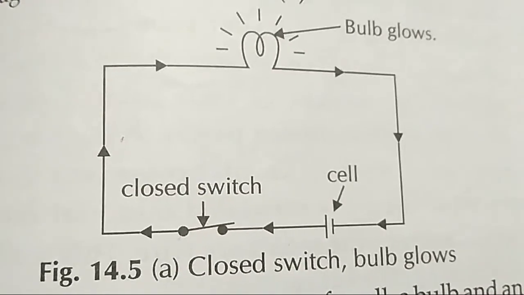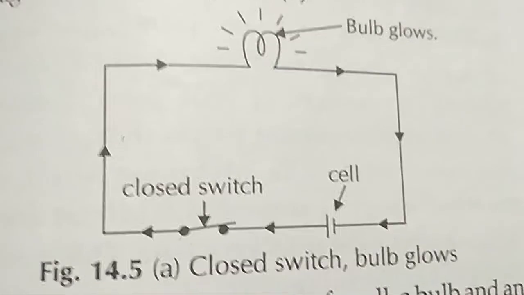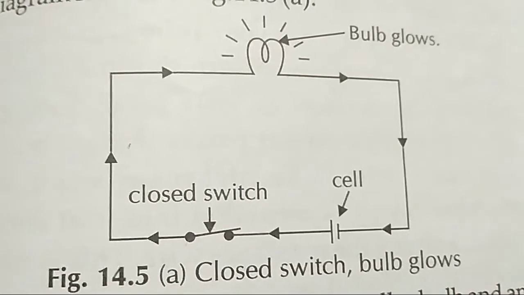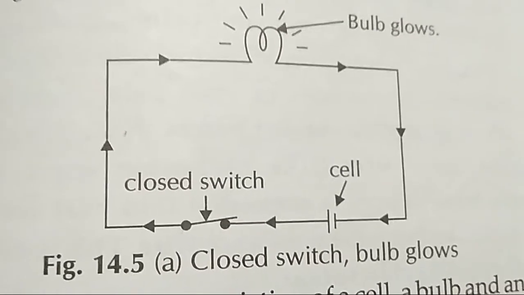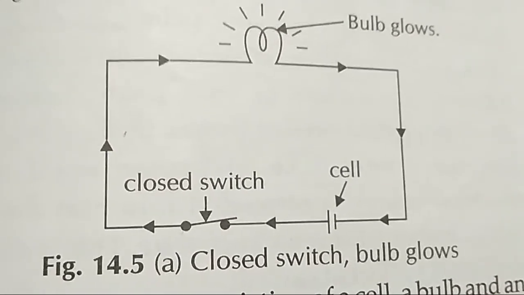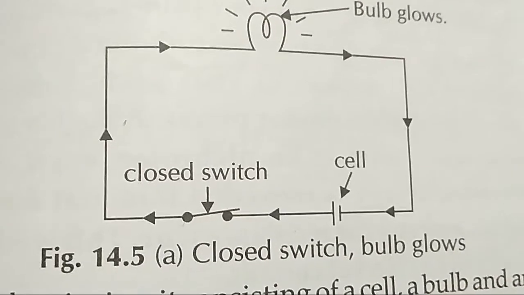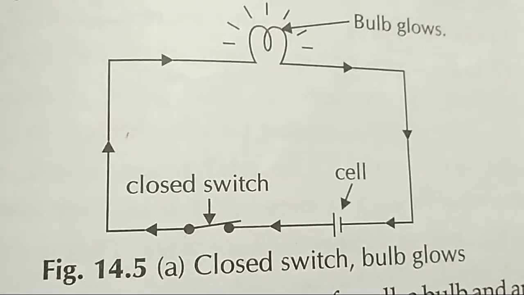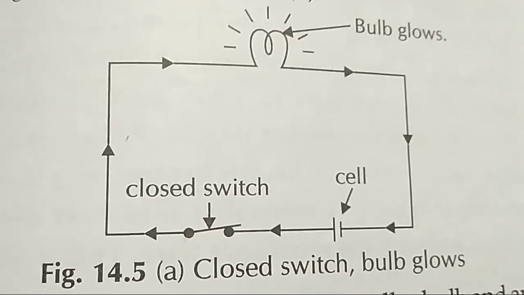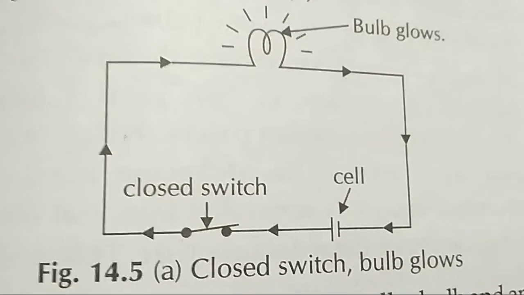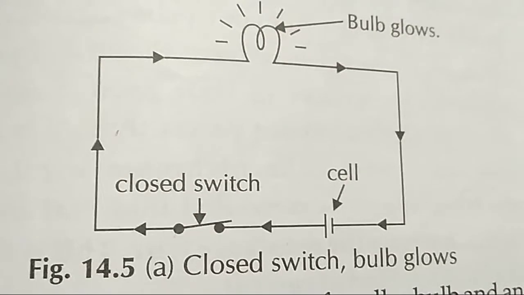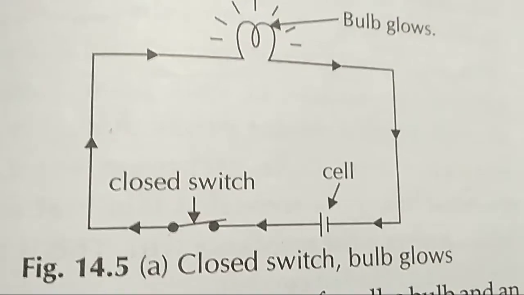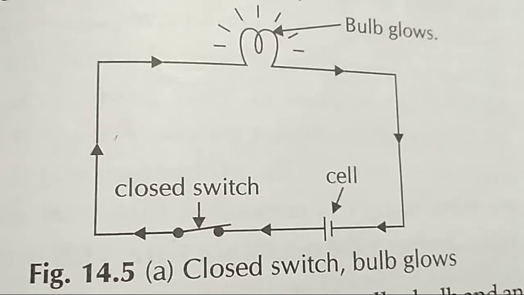We also learned in the last video about the symbols used for the electric components in circuits. As you can see, there is a bulb symbol. You can see the bulb is glowing, and the circuit has a closed switch and cell. So these are some components.